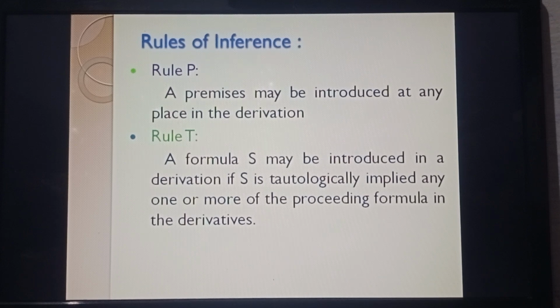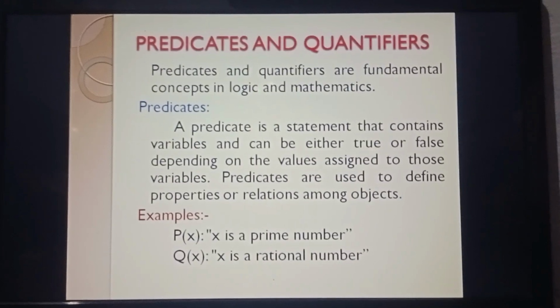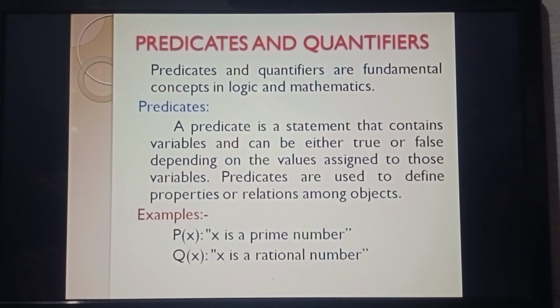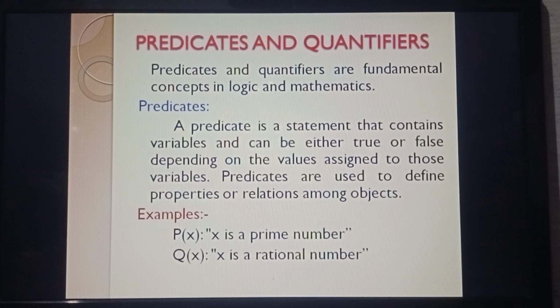Next, we talk about predicates and quantifiers. Predicates and quantifiers are fundamental concepts in logic and mathematics. Predicates. A predicate is a statement that contains variables and can be either true or false, depending on the values assigned to those variables.